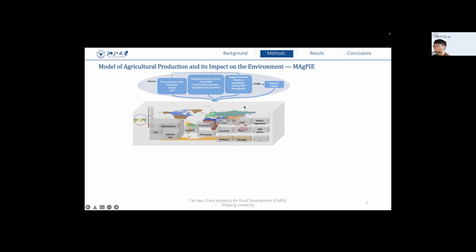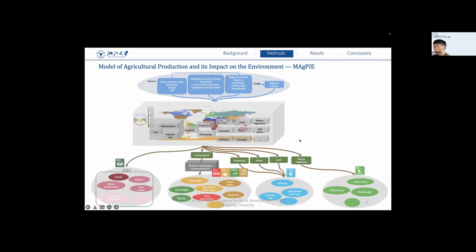And then it combines them with the dietary structure to calculate the requirements for each type of food. There are more than 60 modules in MACPI, besides the food module, including crops, land, livestock, water, etc.